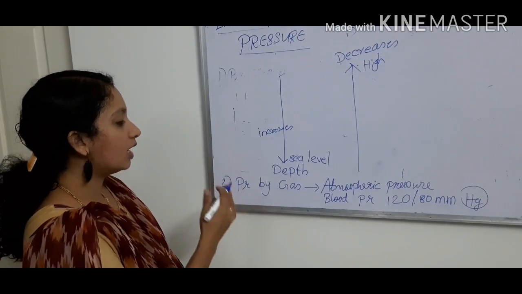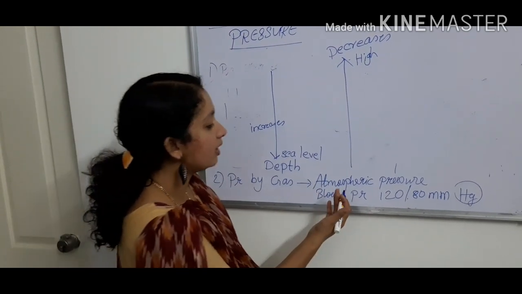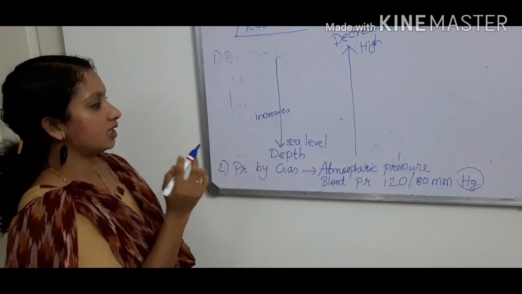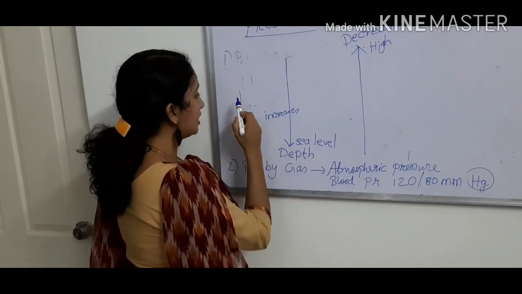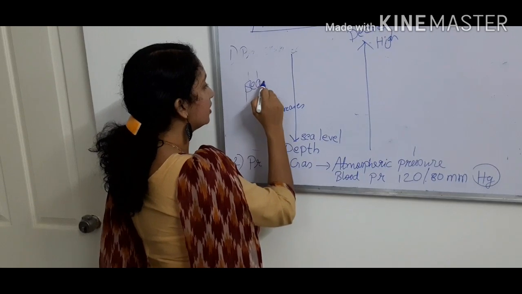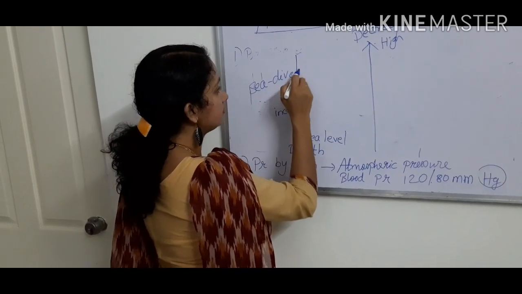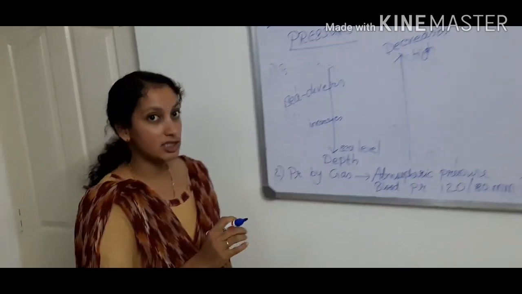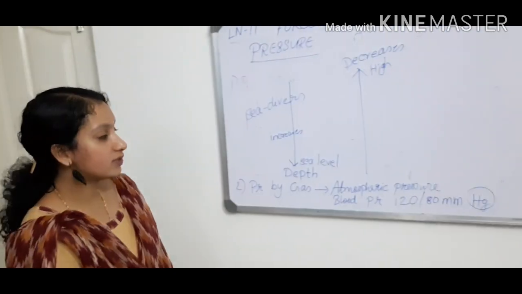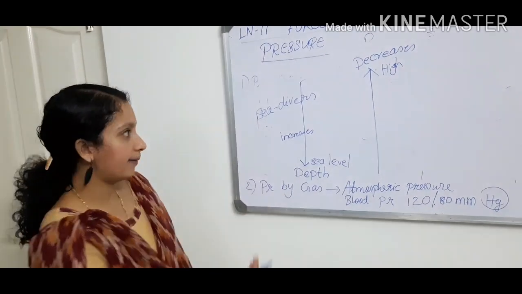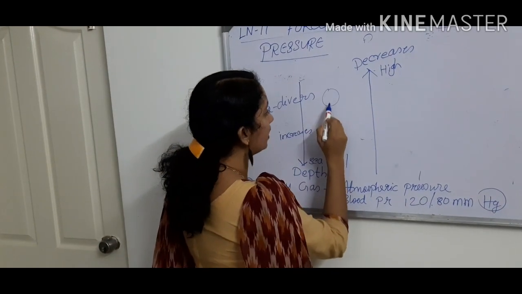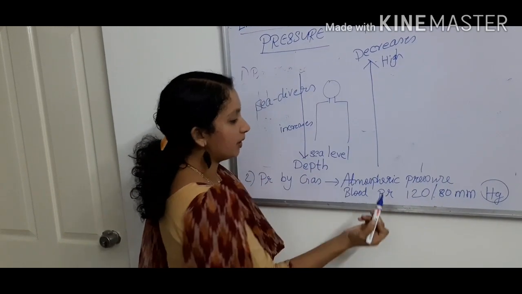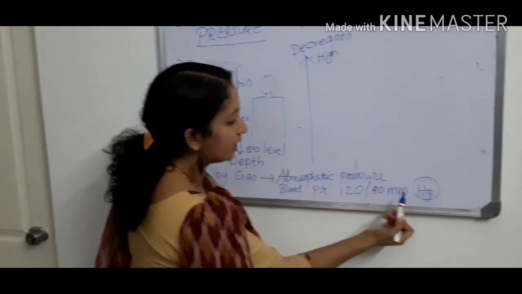So what happens? How can you relate this example of atmospheric pressure with blood pressure? A person who is a sea diver. Sea divers always will be swimming and reaching at the depth of the sea. So for them, if this is the person, here inside blood pressure is 120 per 80 millimeter.